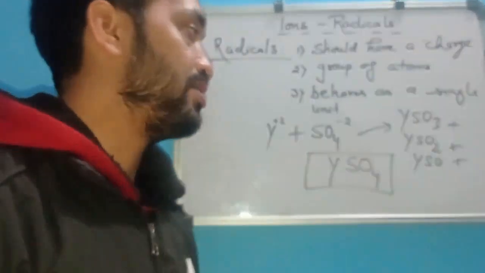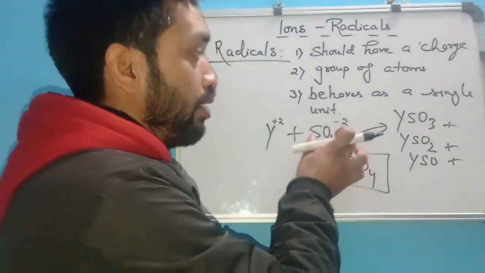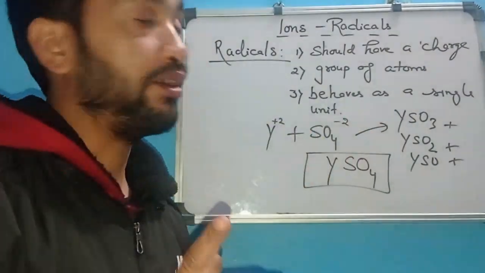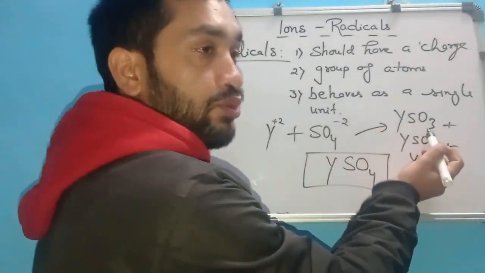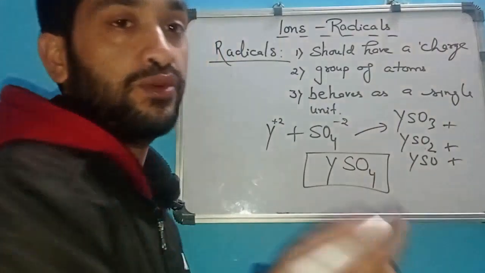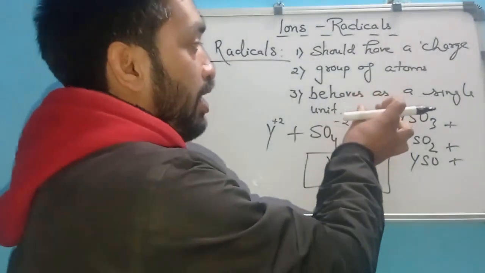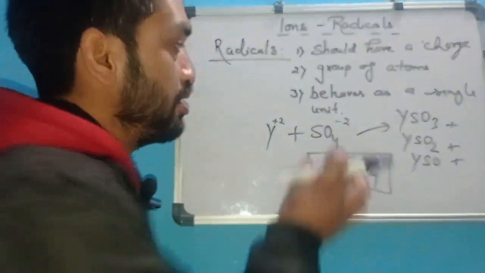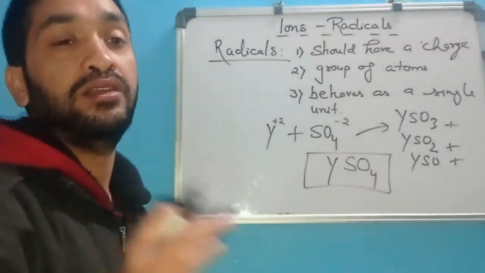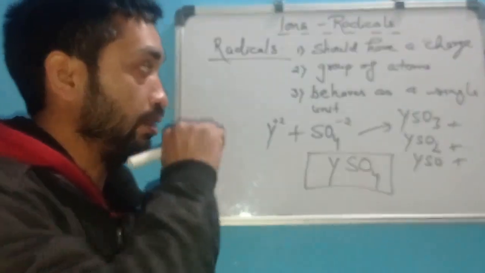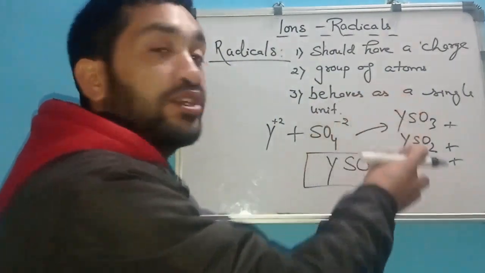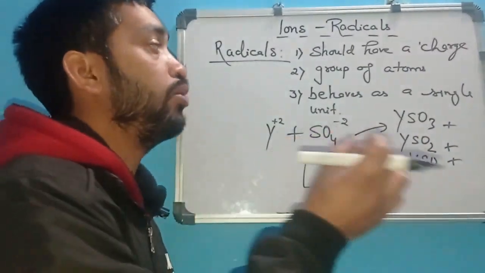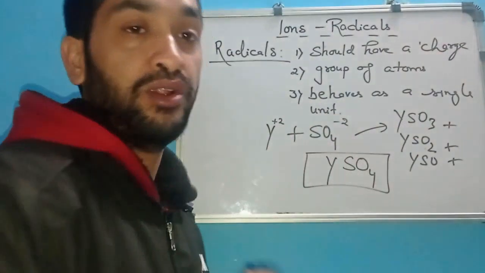So if SO4 -2 will migrate, it will migrate as a whole, not as SO3 or SO2 or SO. This is the meaning of behaves as a single unit. SO4 -2 is a single unit. Wherever SO4 -2 will go, it will go as a whole. It will not break into parts. It will behave like a single unit. How?